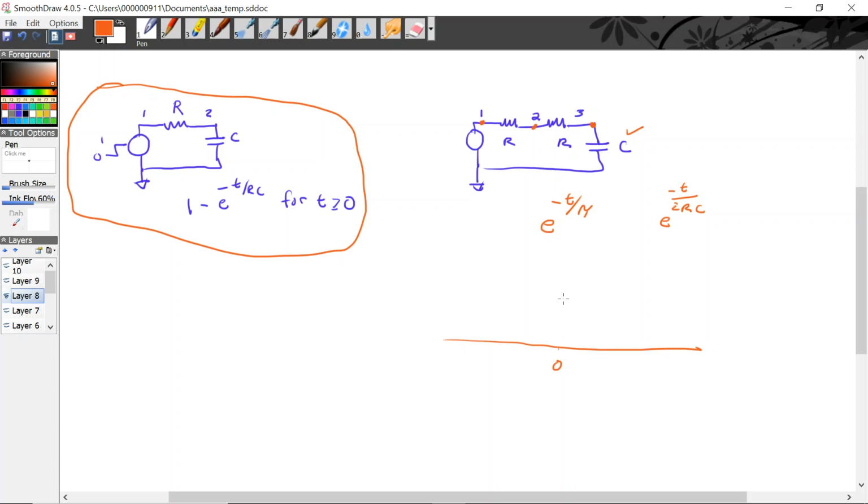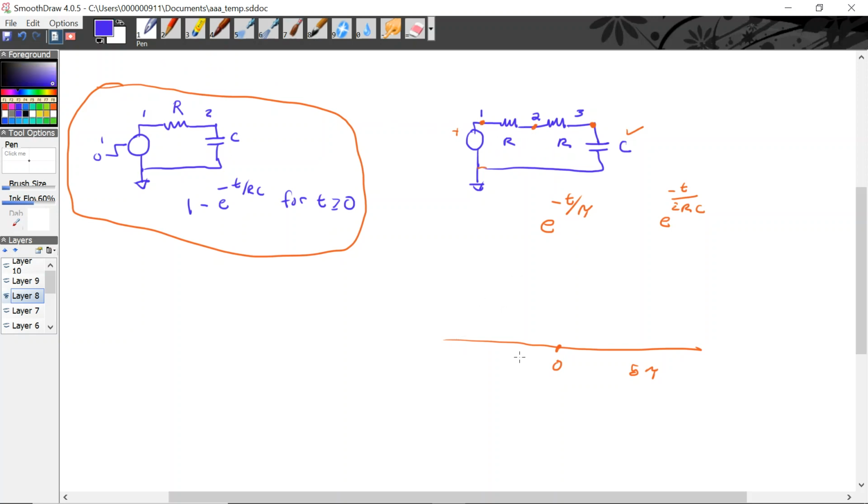Now the next trick: over time, we have a step at 0. We go from 0 to 1, and then we have 5 tau is where it should be. For times less than 0, this voltage is 0. So if this is 0, no potential, everything is 0, there's no current, nothing will flow, so there can't be any voltage drops.